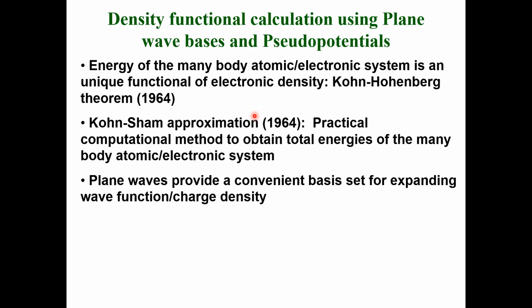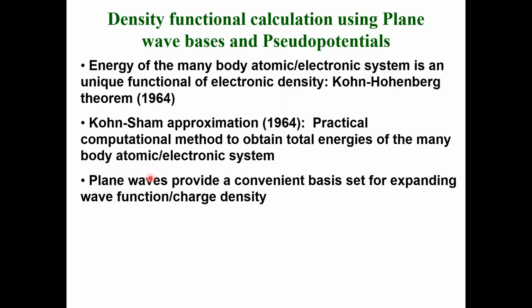To represent these Kohn-Sham orbitals and the electron density, there is a certain class of functions called the basis set. Because of the periodic translation symmetry mentioned in the previous slide, you need to use a class of basis functions to represent Kohn-Sham orbitals and the electronic density.